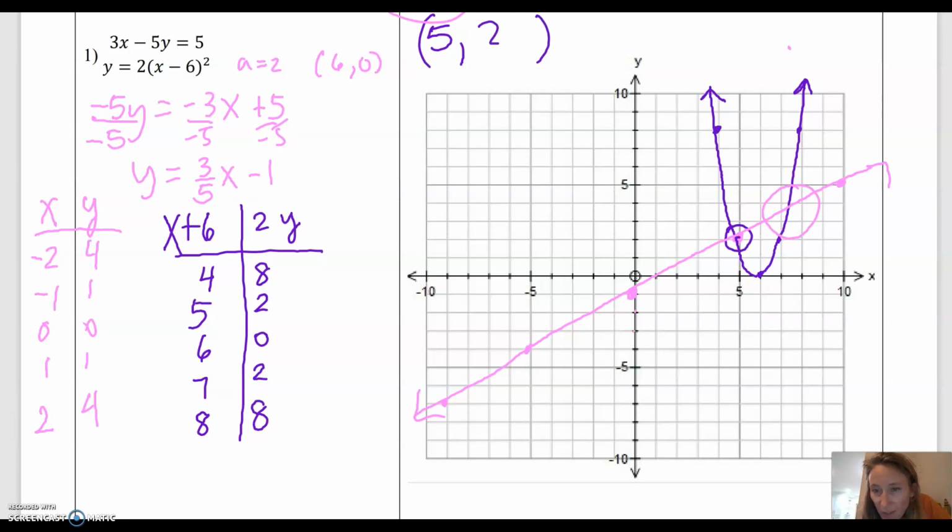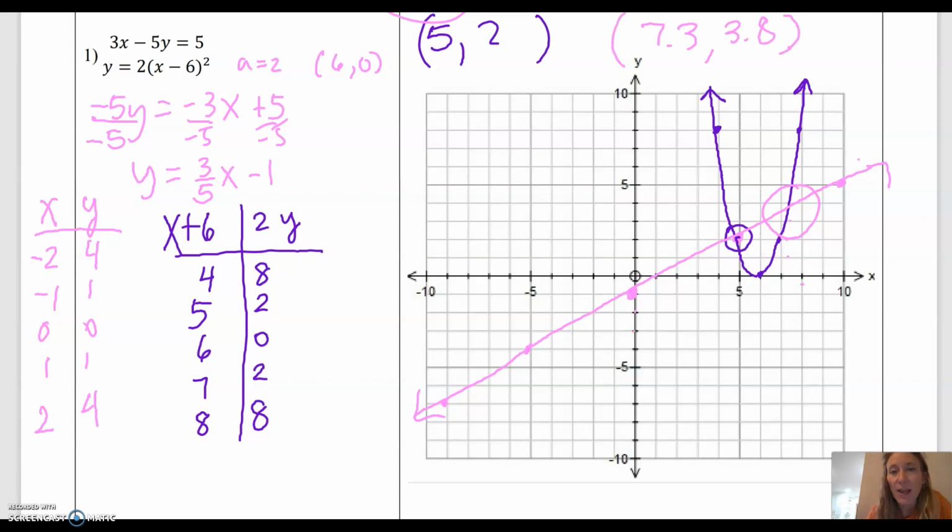So here's 6, 7, here's 8, so it's very close, not quite in the middle, so I'm going to call it 7.3, comma, and then it's most of the way to the top, so I'm going to call it 1, 2, 3, almost 4, so 3.8.